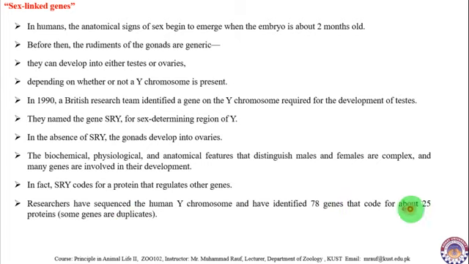So here is yet another question: how do 78 genes code for only 25 proteins, because each gene codes for its own messenger RNA? So why do 78 genes not code for 78 proteins?